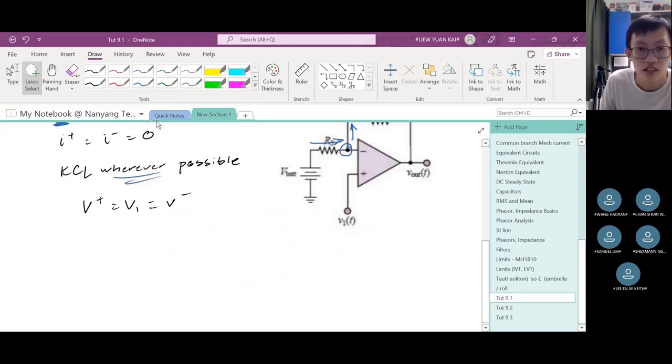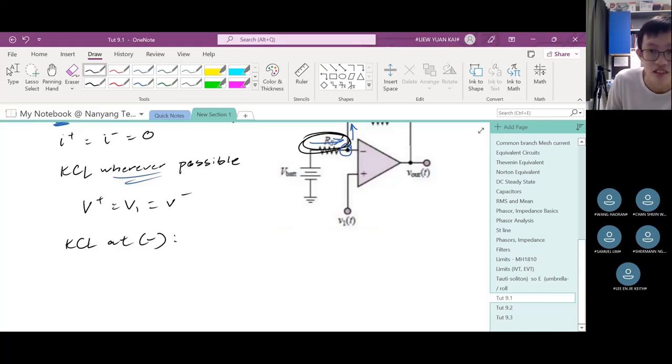Okay. So KCL at the negative terminal of the op amp. So let us start. So the going in is this one. So where do we start from, right? We need to do V start minus Vn. We start from this node, correct? Let me circle it there. Yeah, in this red node, we start over here, and then we end over here.